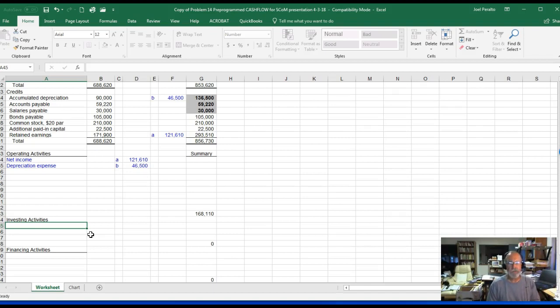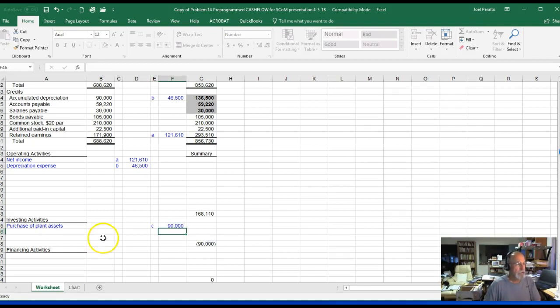And long-term assets are what were purchased in this transaction. So we would record that cash flow under investing activities, and we would probably call it purchase of plant assets. And that requires an outlay of cash, item C, and that was $90,000.